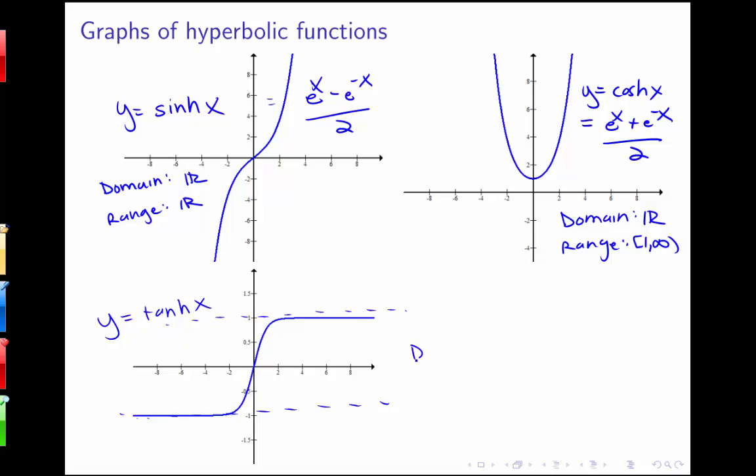So the domain of our hyperbolic tangent function is, again, all real numbers, but its range is from negative 1 to 1. We're approaching negative 1 as we go to negative infinity and approaching 1 as we go to positive infinity. Okay, so we're going to want to look at a few examples to practice using these definitions.